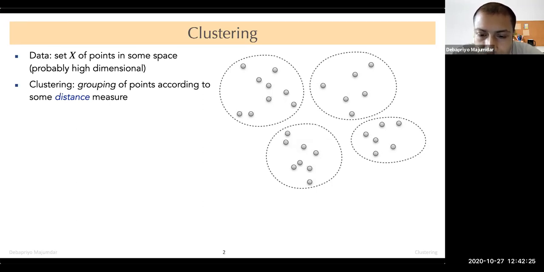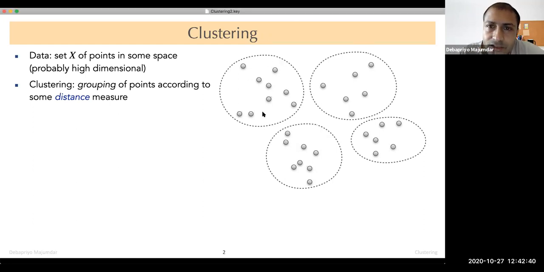You may want to cluster words in text, you may want to cluster images, you may want to cluster other semi structured data, or whatever it is, right? So you may want to cluster customers. Then we will say these are similar customers, these are similar to each other and all that, or products and things like that.